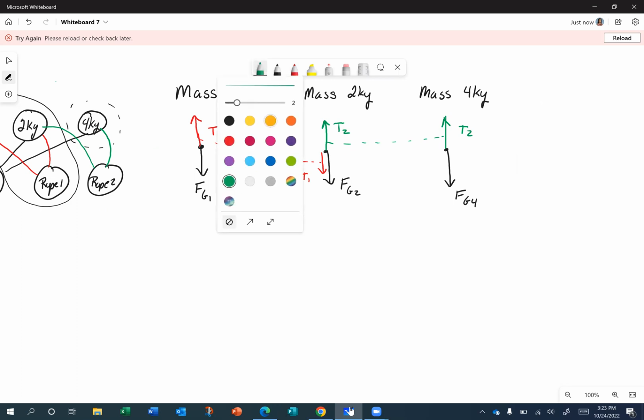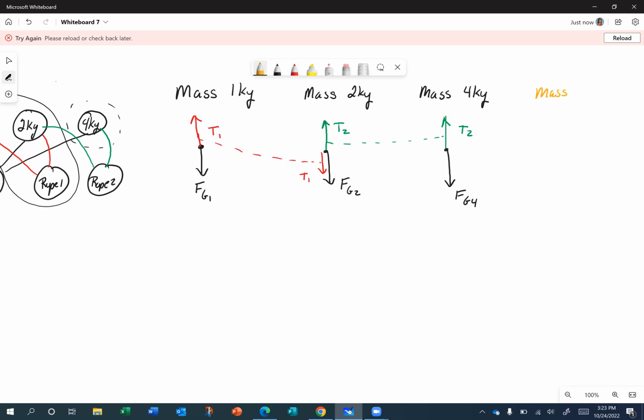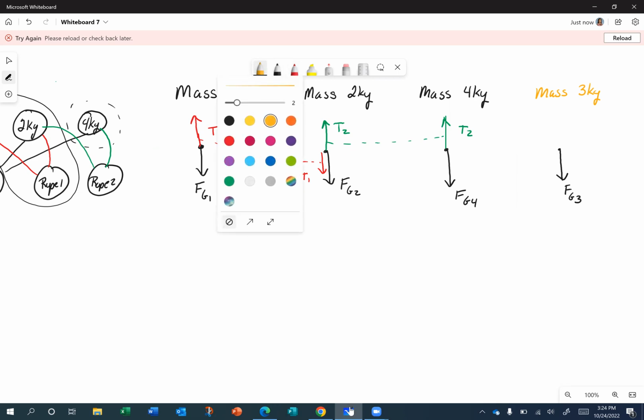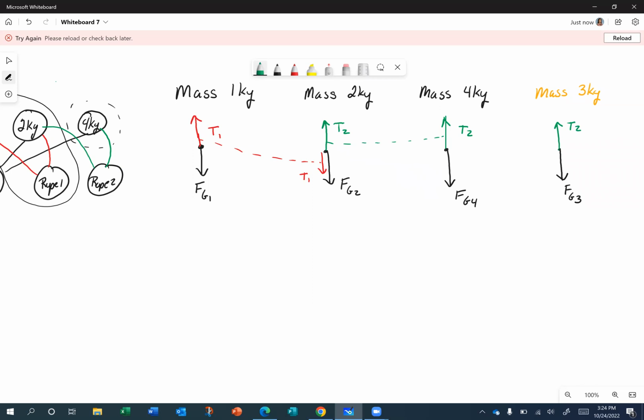Try to keep everything color-coded. For the mass of 3 kilograms, then we would only have FG3 and our tension 2.